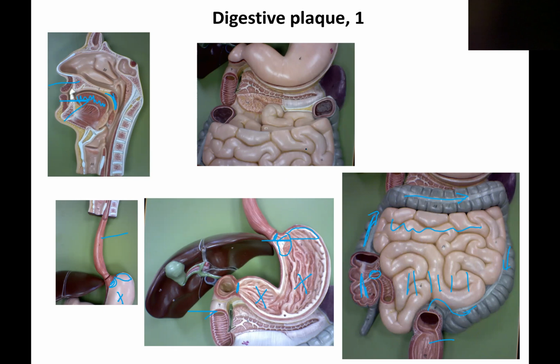You can see the pancreas. You can see the common bile duct.